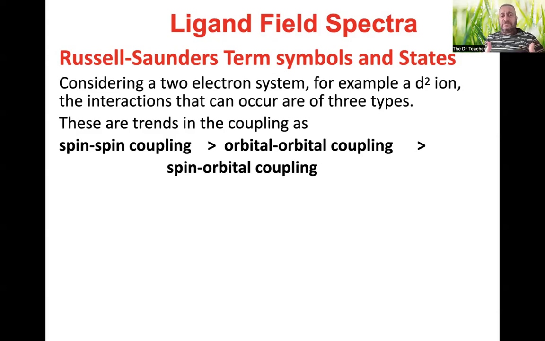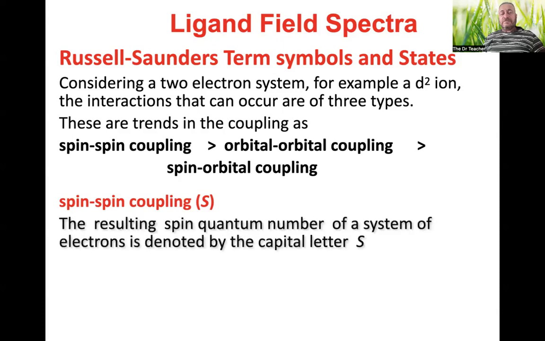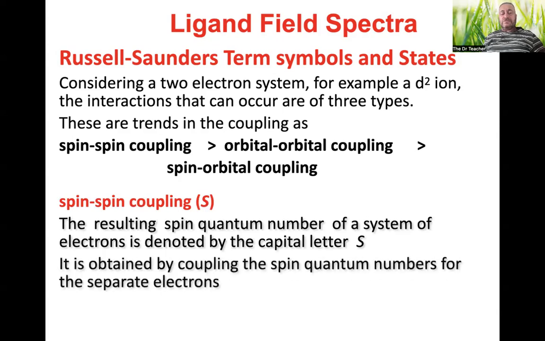So now, for the first time, we hear about the coupling between these two electrons: spin-spin, or orbital-orbital coupling, where there is an electron inside the orbital and they will couple. Spin-spin coupling is denoted by capital S. The resulting spin quantum number of a system of electrons is denoted by the capital letter S. It is obtained by coupling the spin quantum numbers of the separate electrons.